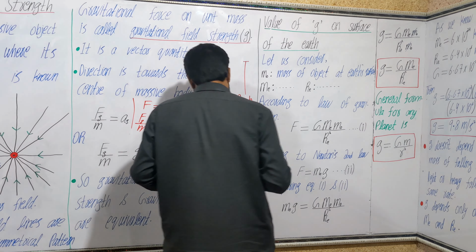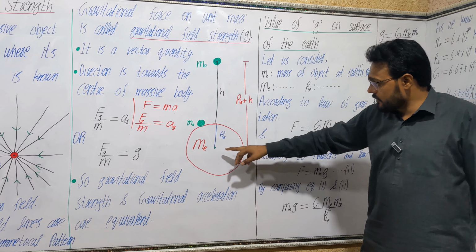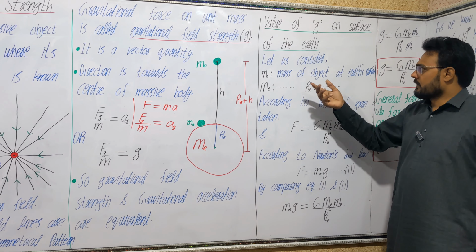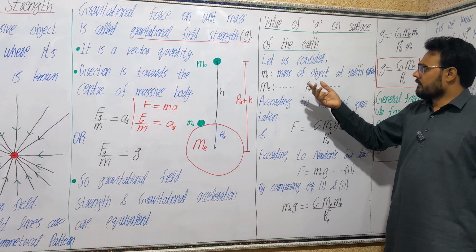Now we have to derive the equation for the object on the surface of the earth. Let us consider m0, the mass of the object, M_E, the mass of the earth, and R_E, the radius of the earth.